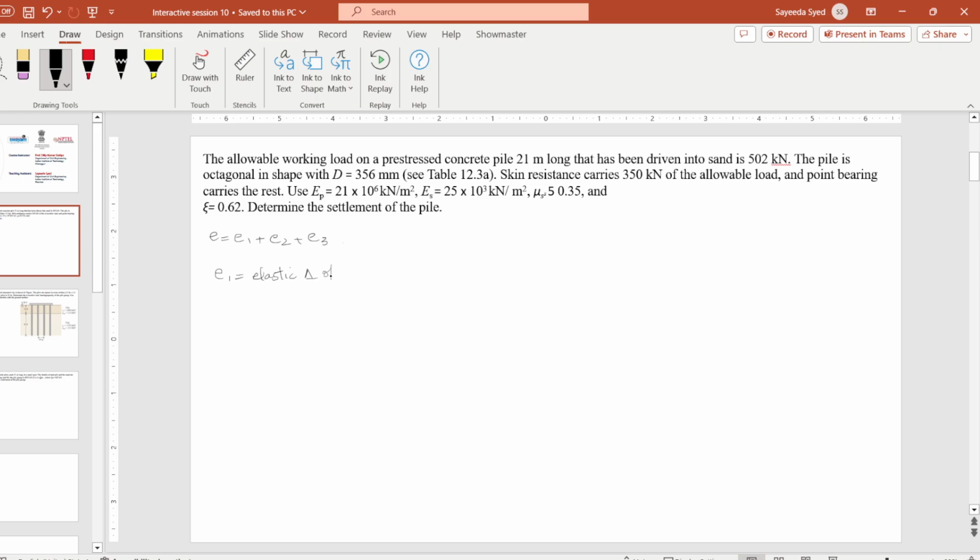For example, if it is concrete, then if this is our pile, there is going to be some settlement in the material itself. Then E2 is settlement at the end point, settlement at the tip of the pile, and then E3 is settlement along the shaft due to the friction.